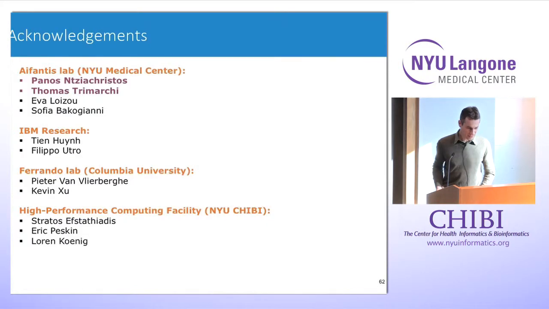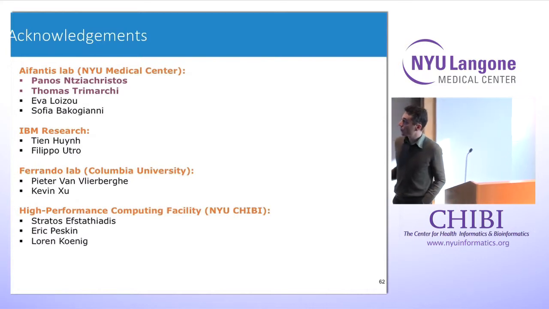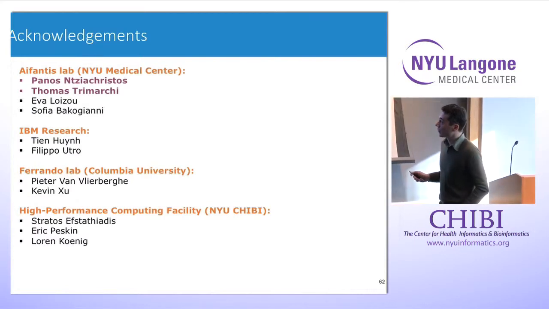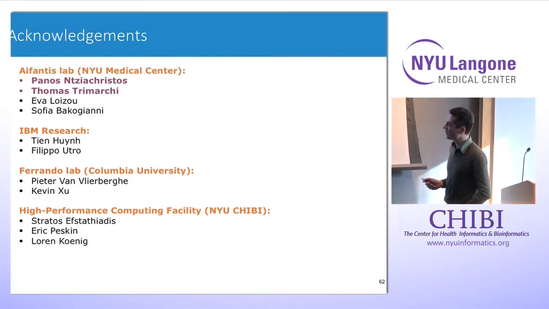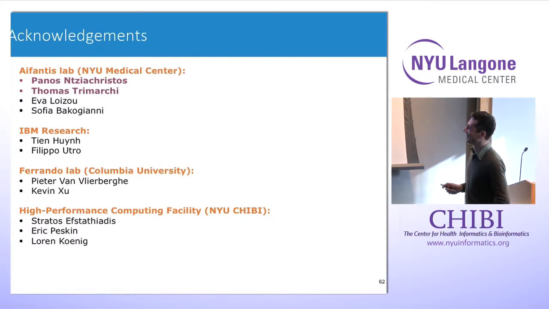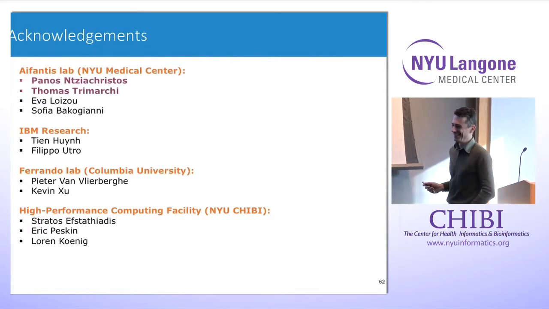And yeah, I think I'm going to just skip those and acknowledge the people that did the work. Panos, the most amazing postdoc ever, did, I don't know, he probably did about 200 ChIP-seq and RNA-seqs in total, some of them secretly from Yanni. And of course, Thomas also, Eva and Sophia did a lot of work.